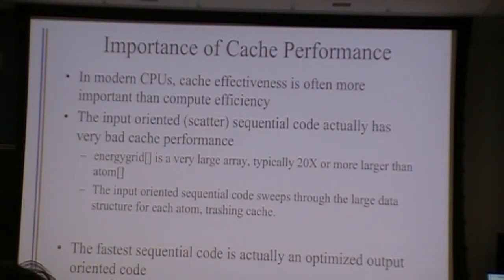And so the input-oriented sequential code, remember, loops over all of the inputs and writes to each output. That's the scatter. So the scatter takes every input and writes it to all of the outputs.